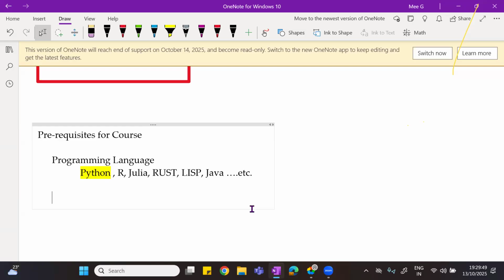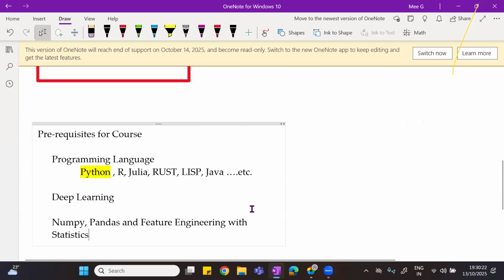We require, as I told you, deep learning. I'm talking from the generative AI and agentic AI perspectives. Deep learning is required for us. And for learning and implementing deep learning, we need a bit of NumPy, Pandas, and some feature engineering with statistics.